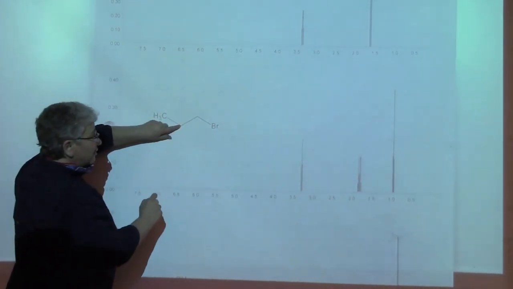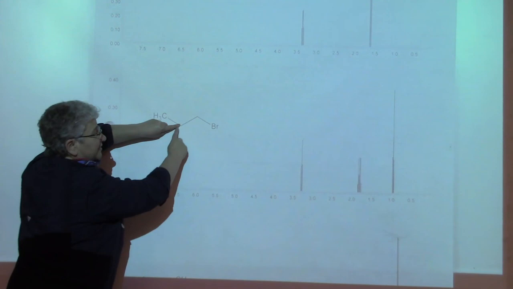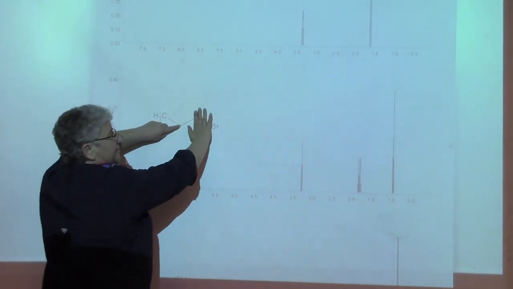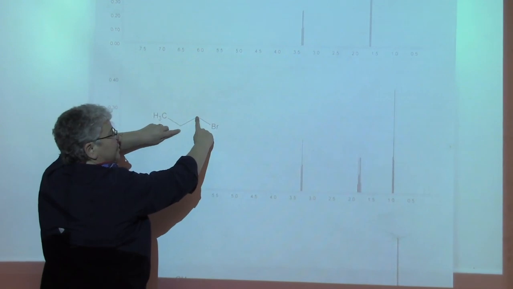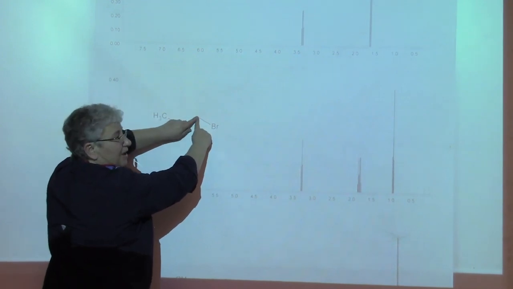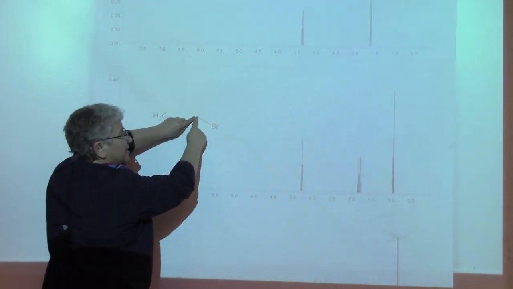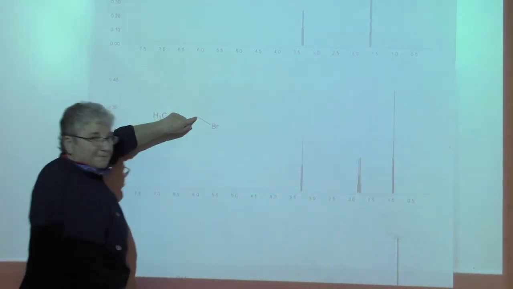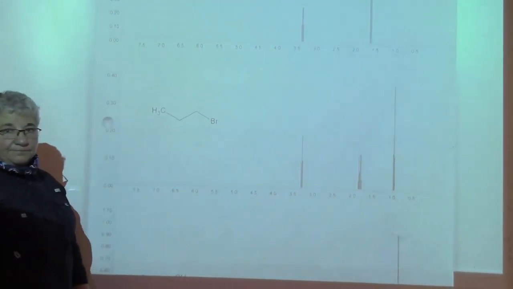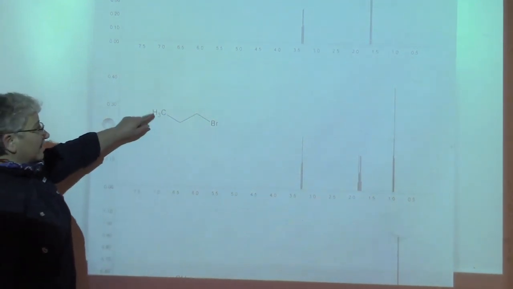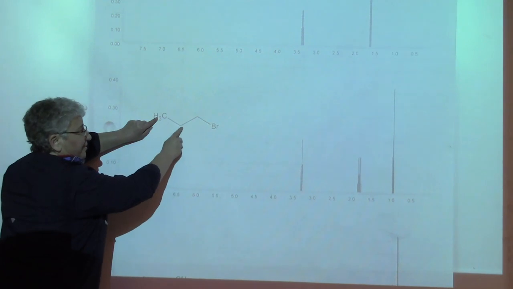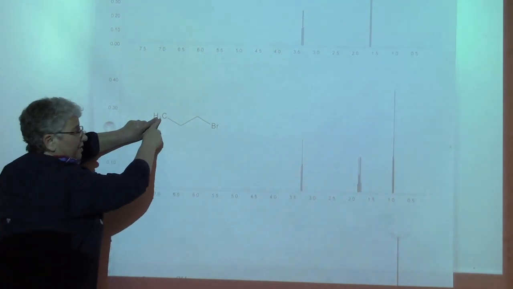So for me, N would be 2, so N plus 1 would be 3. If I'm these hydrogens, I have 2 neighbors, so I would show up as a triplet.